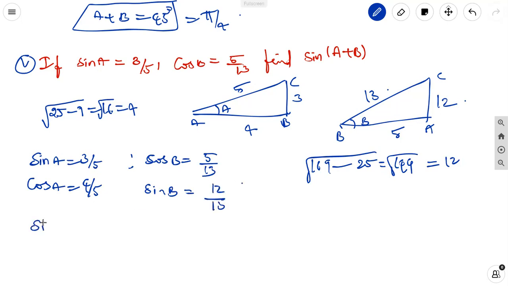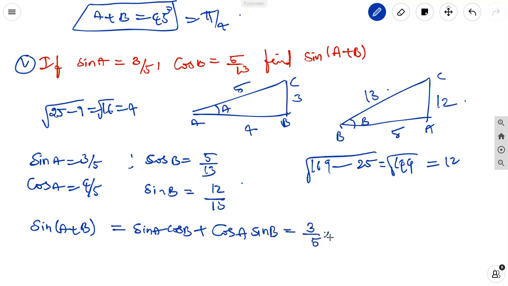We can find out the sin of A plus B using the formula sin A cos B plus cos A sin B. What is the sin A value? 3 by 5. Cos B value 5 by 13, plus cos A value 4 by 5, sin B value 12 by 13.